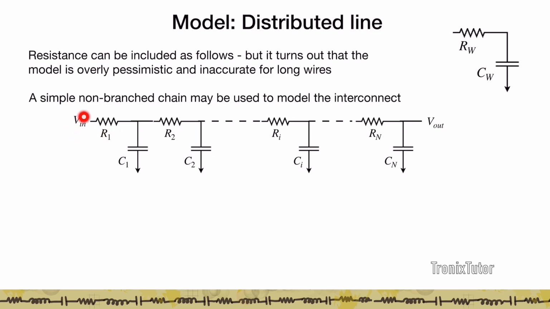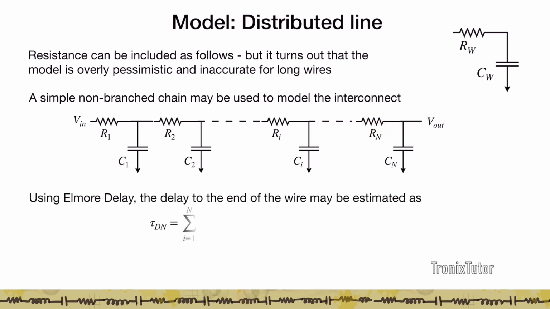That is, the wire can be thought of as multiple chunks of R's and C's connected in series to each other. So here I've broken a wire from an input voltage to an output voltage in terms of n chunks of an R and C, where each resistance can be thought of as the resistance of the wire over the small bit.